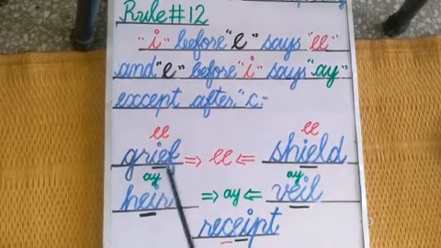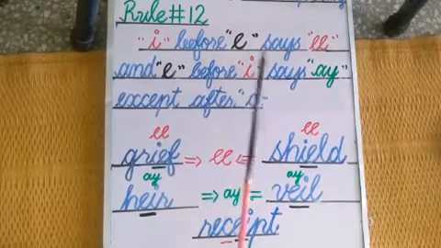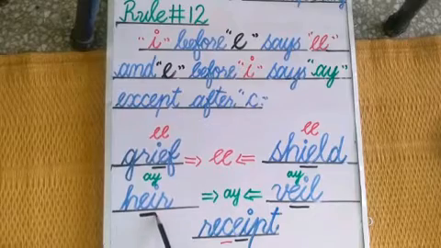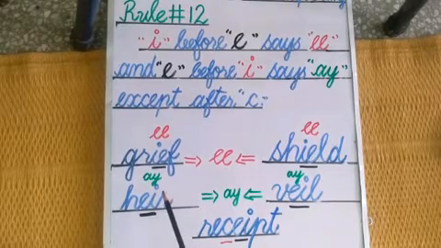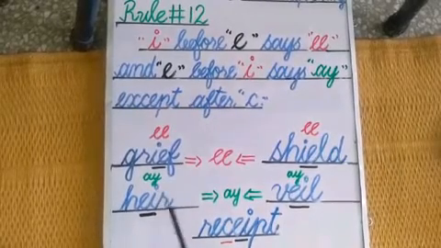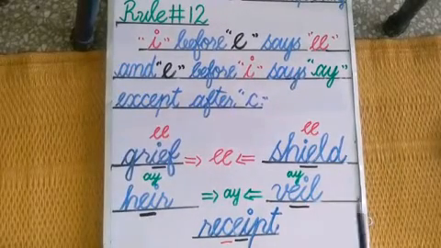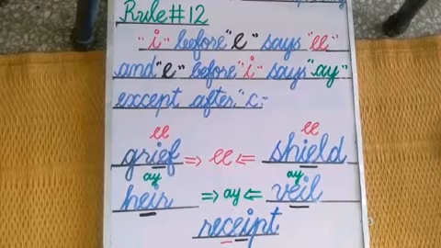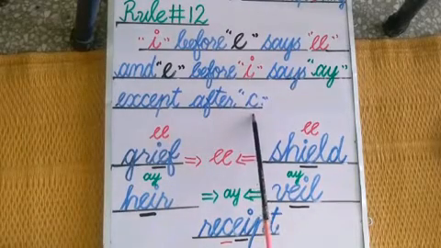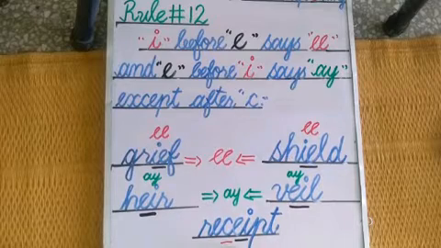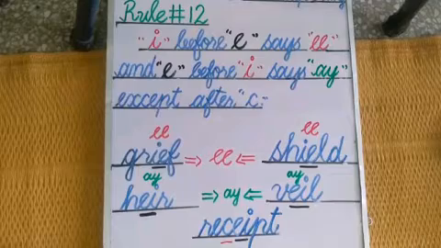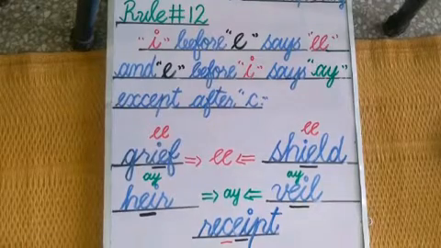Now look at the second half: E before I says A. Here we have E before I, and we have the sound A. Heir, whale. Is that clear? And now look at the next one, receipt, except after C. If they come after C, then the sound will be E. It's not A. Is that clear? So this is rule number 12.